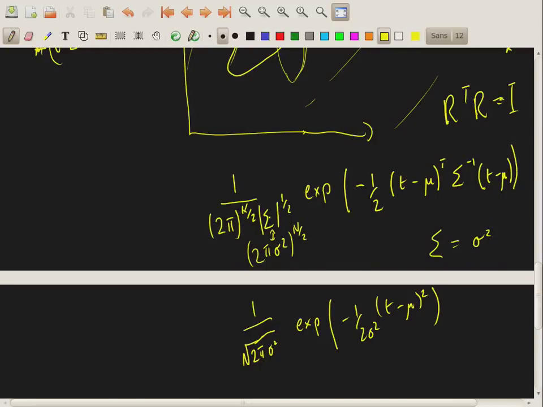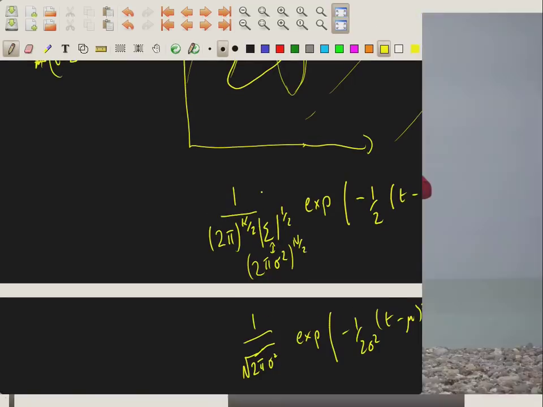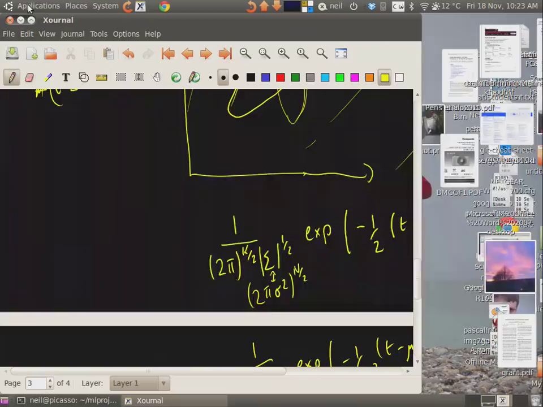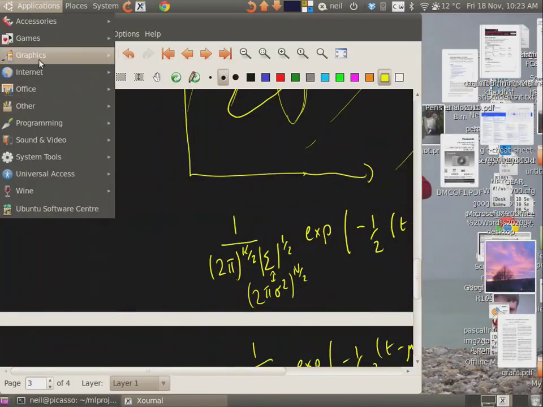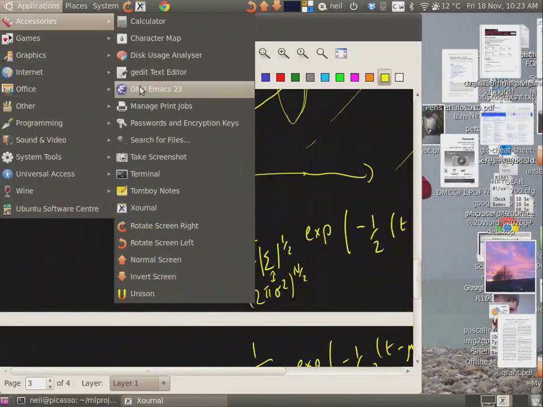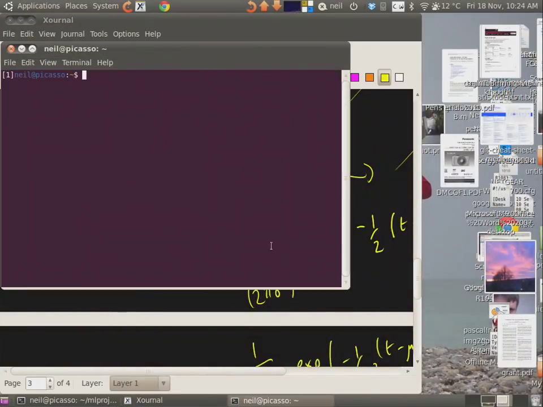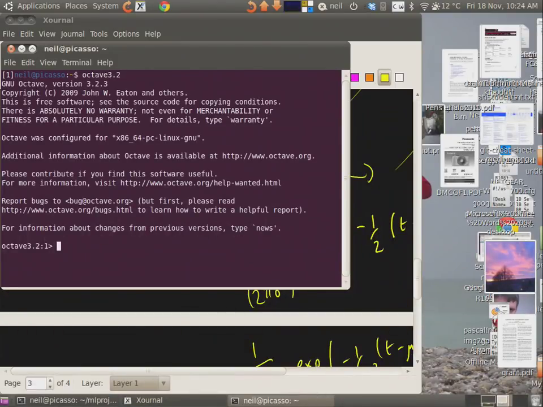In the general case, where you've got these rotations going on, you need to be able to compute the determinant of a matrix. How difficult is it to compute the determinant of a matrix? Does anyone know how difficult it is?